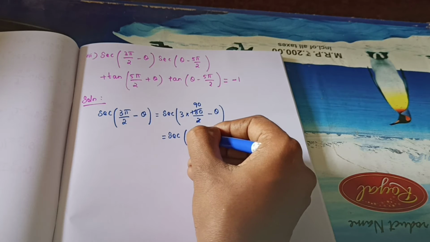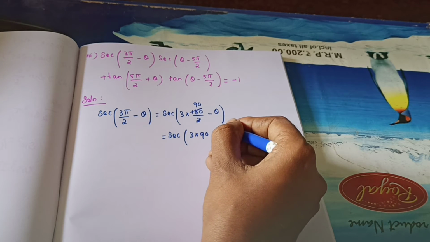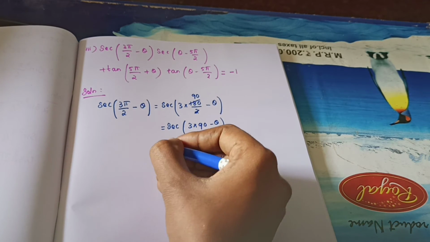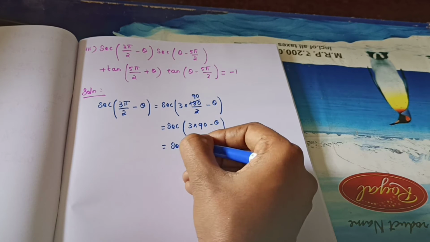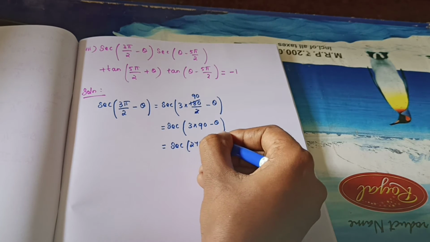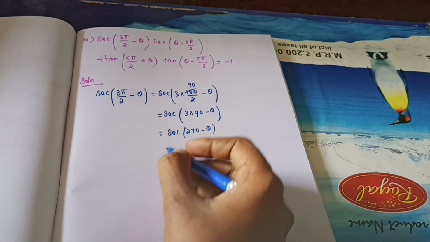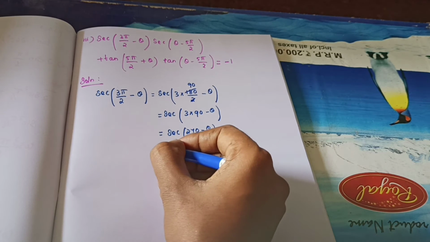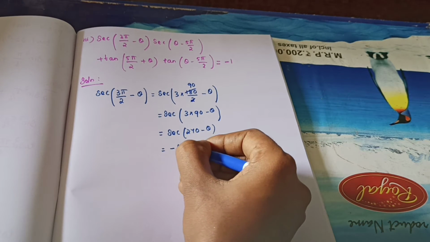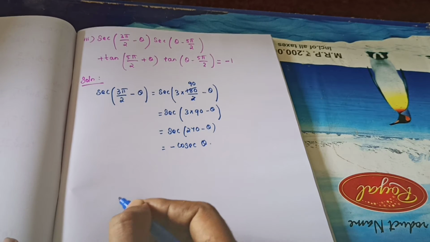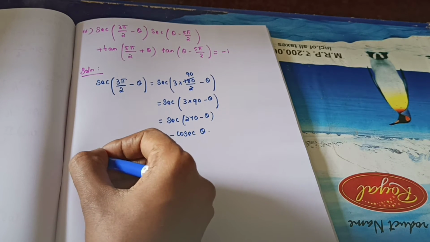So 3 into 90 minus theta. Correct? So 3 into 90 means 270. Correct? 270 minus theta. Now check it and say, children, that secant of 270 minus theta, the value is minus cosecant theta. Correct? Then let's move to next one.